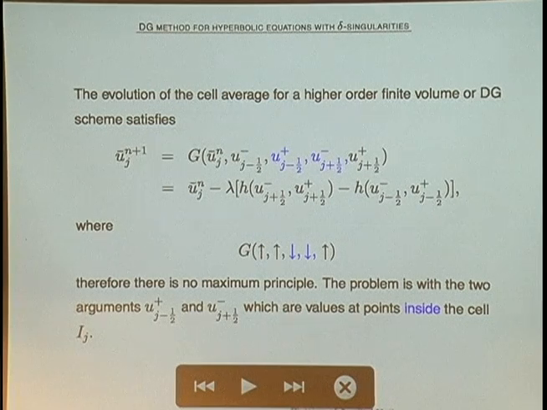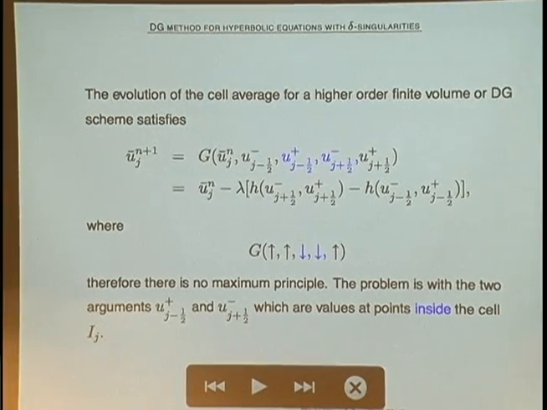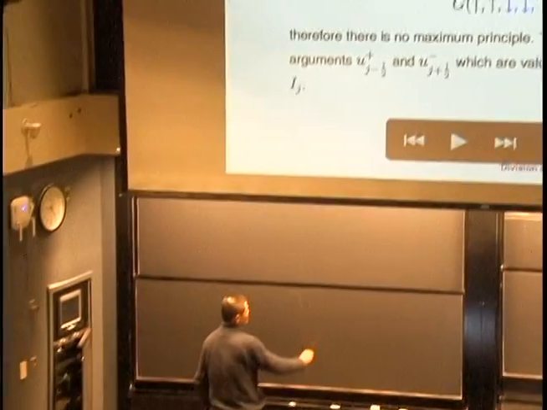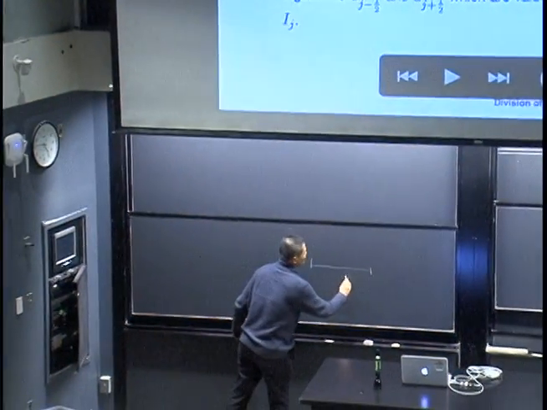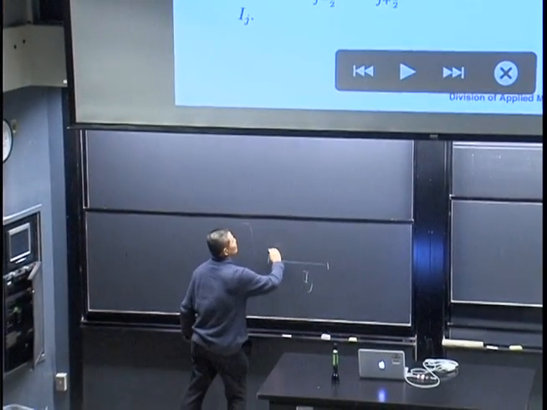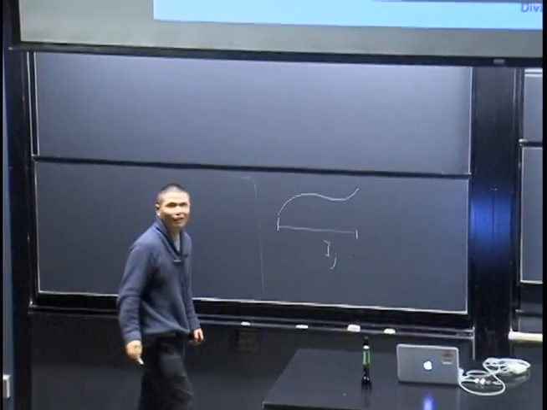So what do you do with this? Well, the trick is that you notice that these 2 bad values are the left boundary, the right limit, and on the right boundary, the left limit. So it's basically the cell I. There's a cell I_j here, and I have a polynomial in this cell.